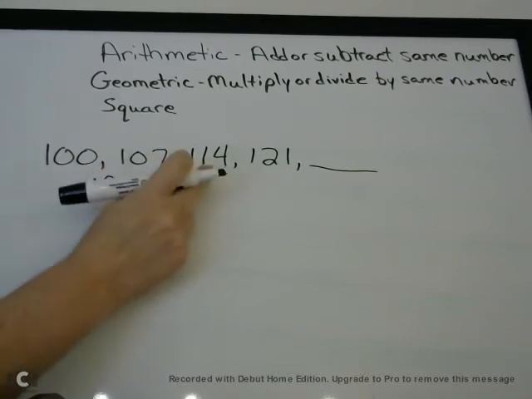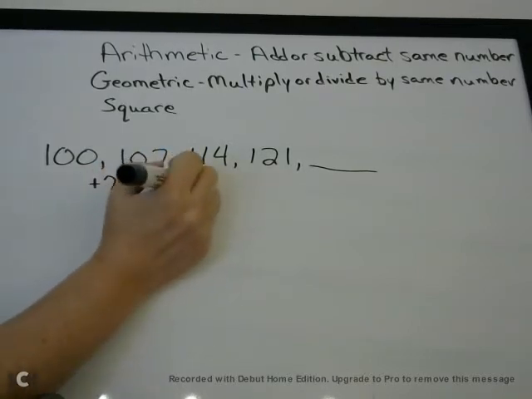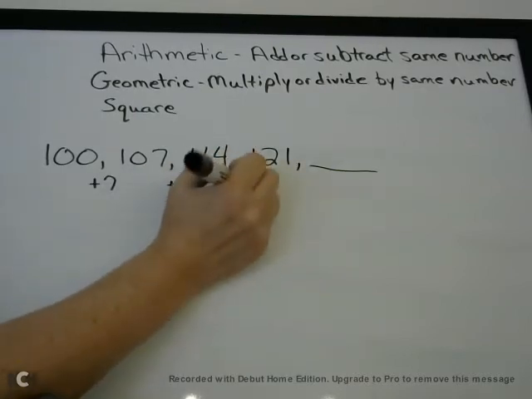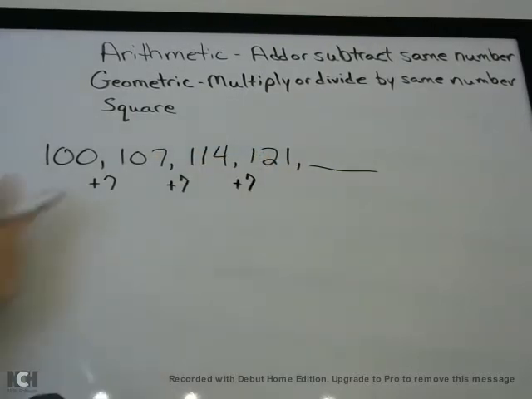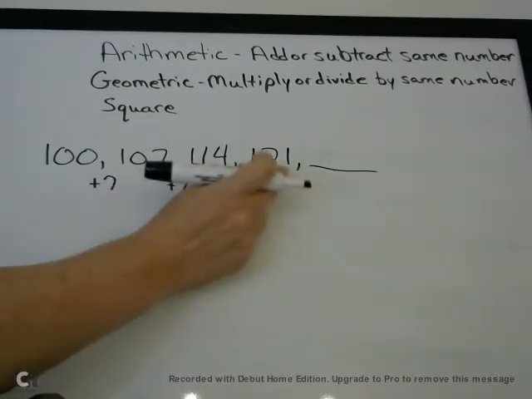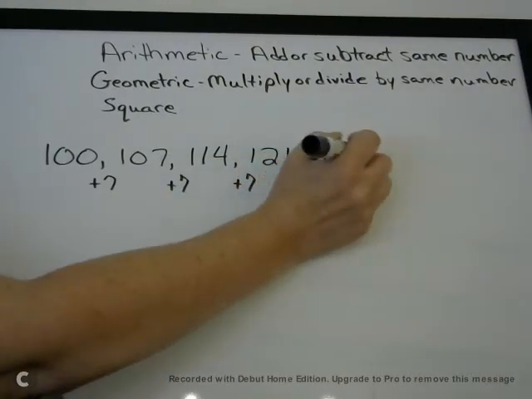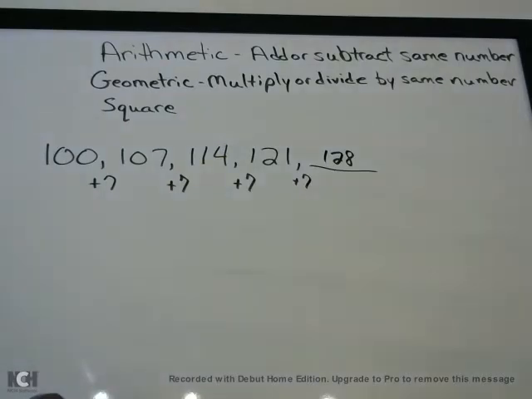To go from 107 to 114, you add 7. To go from 114 to 121, you add 7. So they're adding the same number each time. The next number, you would add 7 to 121, so the next number in the sequence is 128, according to the arithmetic sequence rule.